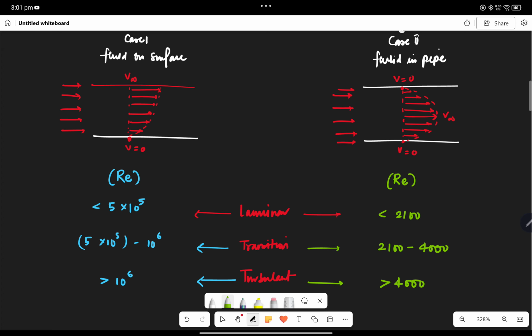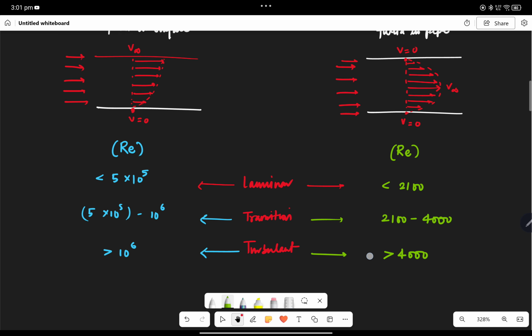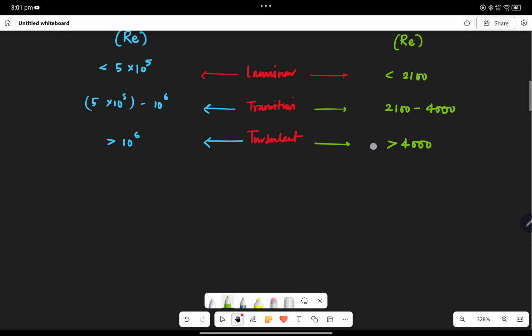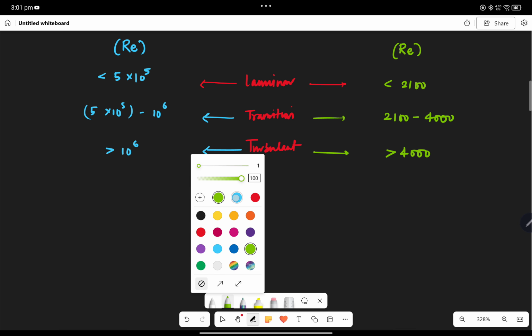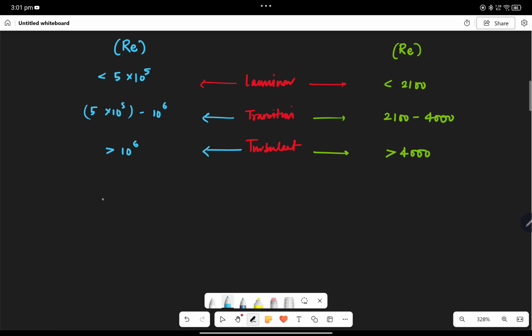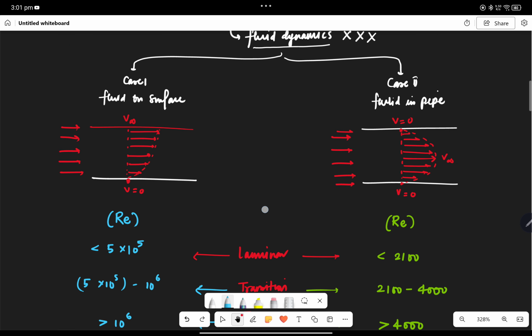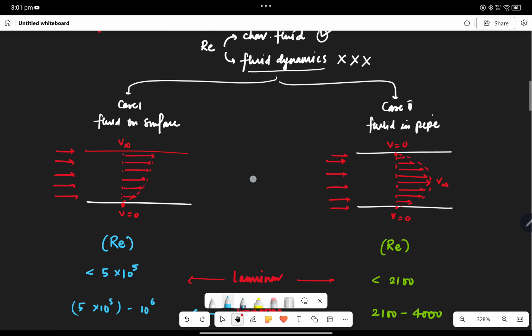And now we are going to see the basic difference in the formula for these two Reynolds numbers. So first, for this blue Reynolds number, your formula is going to be rho u infinity x by mu.